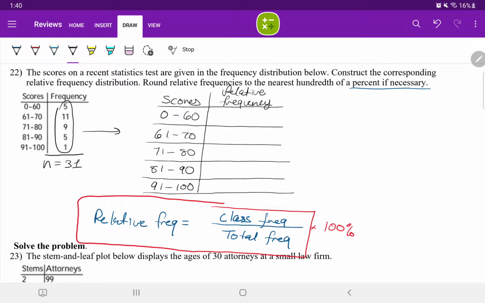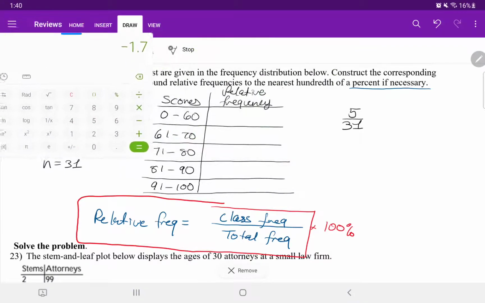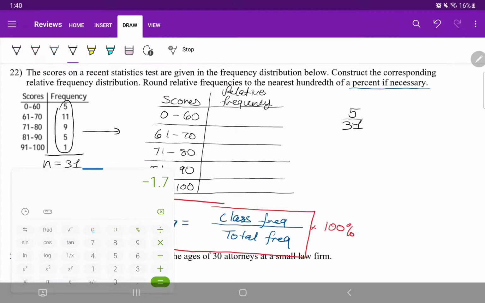Okay. To find the relative frequency for the first class, for class 0 through 60, that is going to be the class frequency of 5 divided by the total frequency, which is 31. So let's divide that in our calculator. 5 divided by 31.